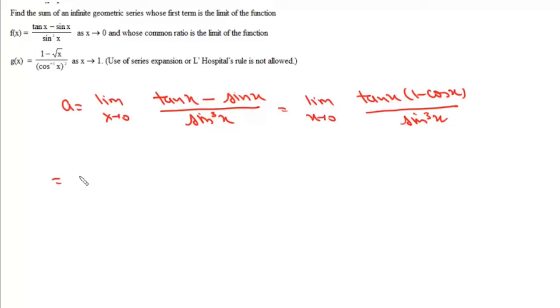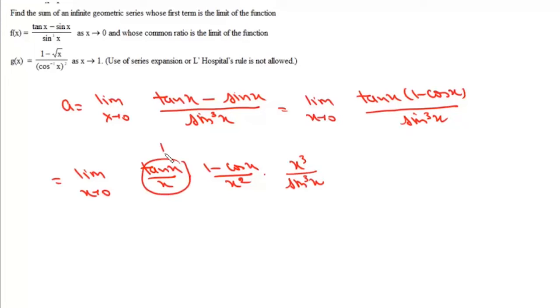Now if we multiply and divide it with x cube, we can write this as limit x tends to 0, 10x upon x, 1 minus cos x upon x square, and then x cube upon sin cube x. Now this is 1, this is 1 by 2, and this is 1. That means the first term of this geometric series is 1 by 2.